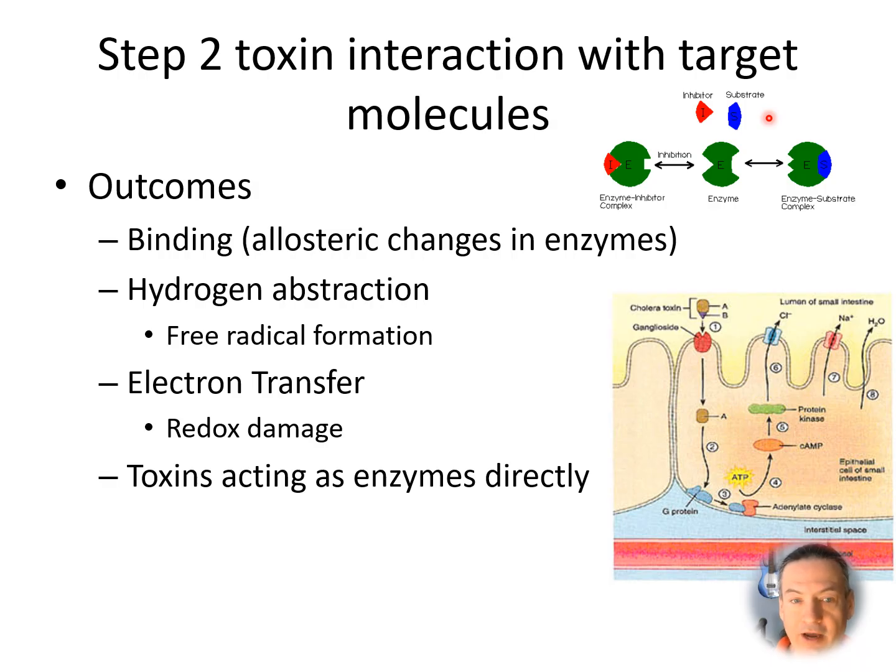We also have hydrogen abstraction. This is the idea of taking a proton or a full hydrogen out of the molecule, binding it to the toxin, potentially permanently or temporarily, that then can form a free radical. Now, free radicals are highly charged molecules that are able to absorb and transport protons or electrons.